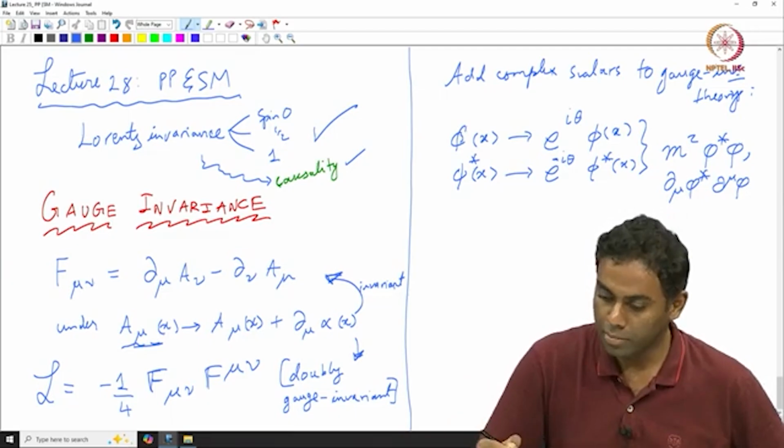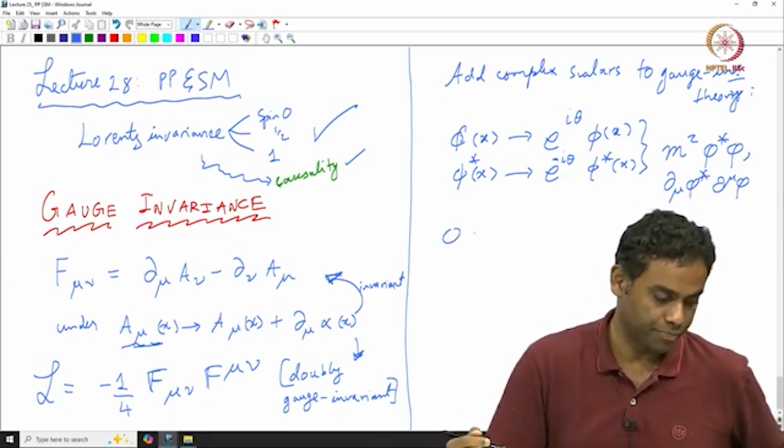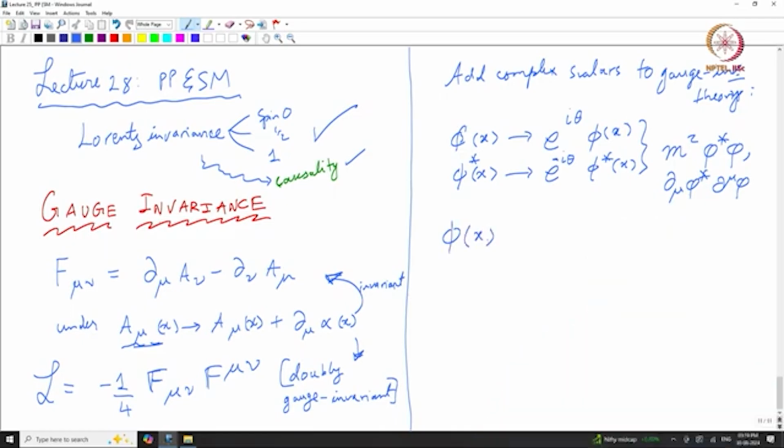So, that means I need to look for, I am going to switch variables slightly, a theory where the rephasing happens locally at every point in space time. I need to pick up a different phase, that is what gauge invariance means. So here also the gauge parameter was actually a function of the space time label itself.